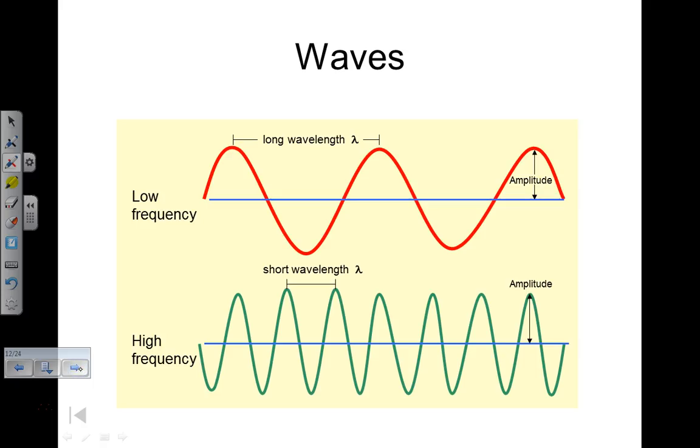Okay, now how is it that long wavelengths have low energy? Okay, I hope that having a long wavelength kind of makes sense in terms of having a low frequency, but let's think really about why it has a low energy.